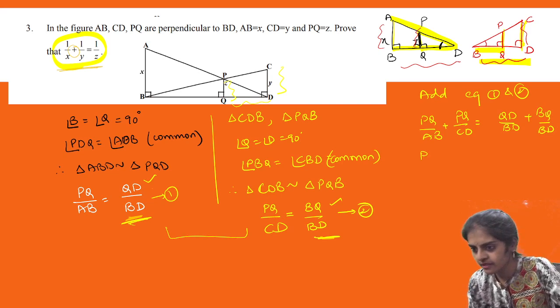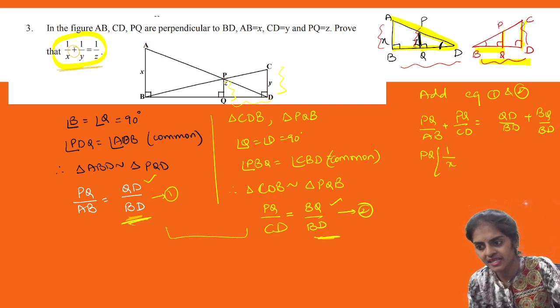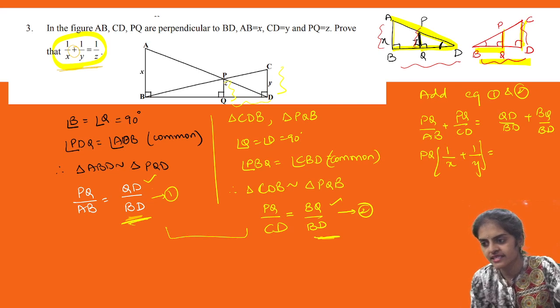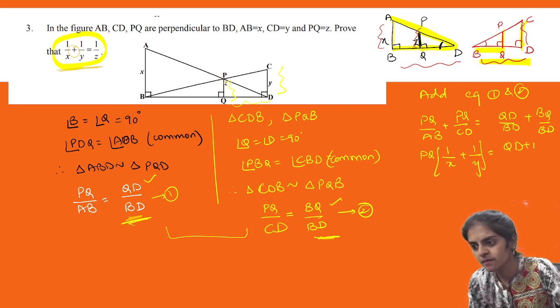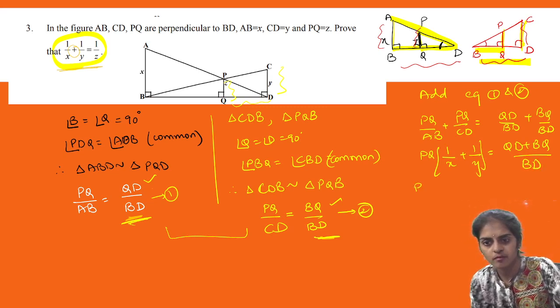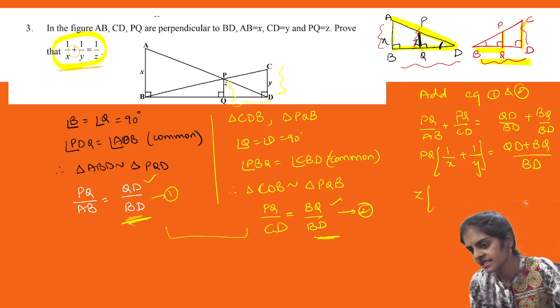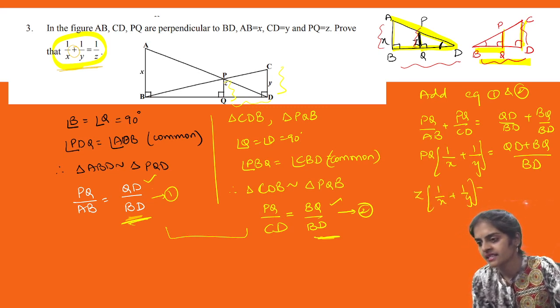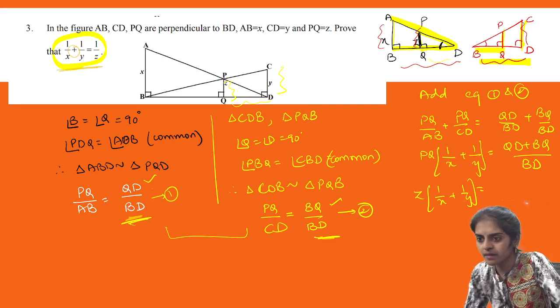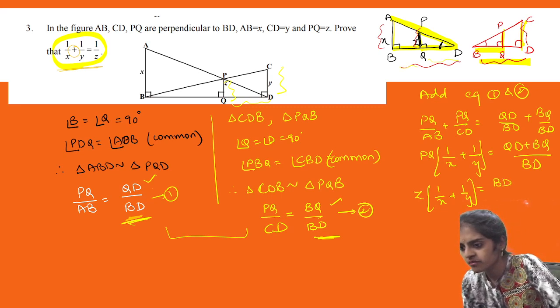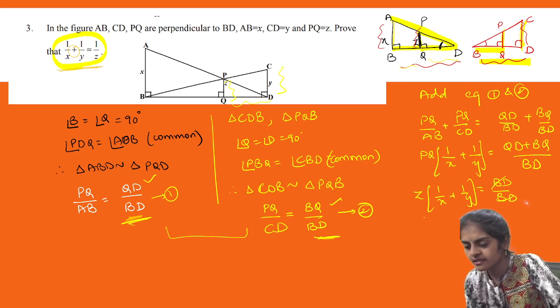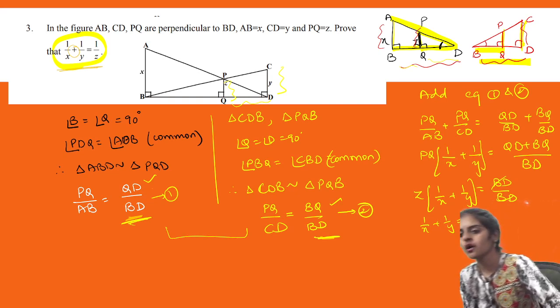Okay, so here PQ is common. Let us take it common. So 1 by AB is X plus 1 by CD is Y is equal to QD plus BQ. These are like fractions, so the denominator will be the same. So PQ is nothing but Z, isn't it? So let me write that also. PQ means Z into 1 by X plus 1 by Y is equal to QD plus BQ, which is nothing but total BD by BD. So BD cancels. So you have 1 by X plus 1 by Y equal to, sending Z to the other side, becomes 1 by Z.